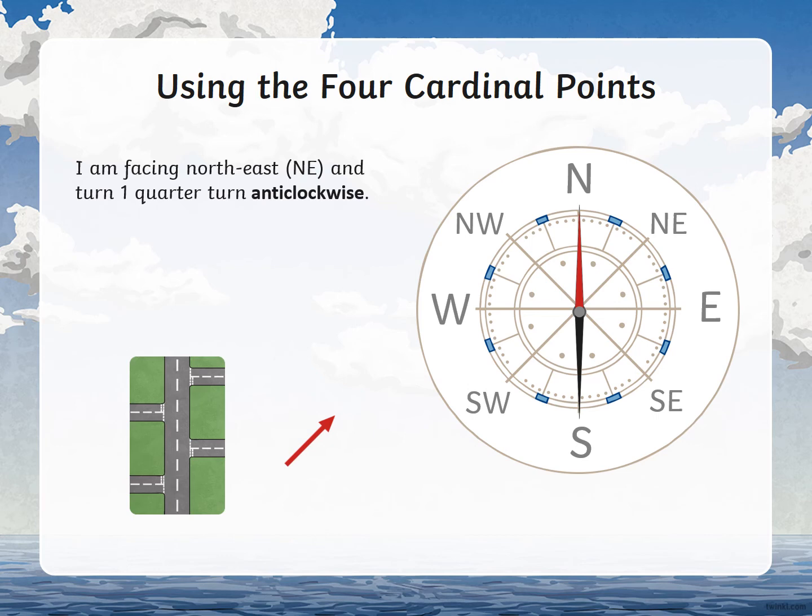Now it's not going to be southeast, because if you've ended up at southeast, you've turned clockwise. Again, if you can stand up and face the same way as that arrow at the bottom of your screen and then try moving to your left and turning a 1/4 turn, it might help. Let's see.